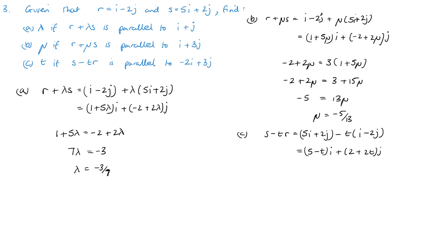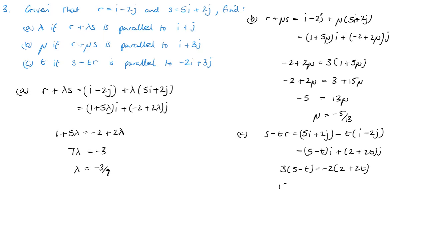So to make this equal, we want 3 times the i component and minus 2 times the j component. So you're basically applying these to the opposite components, which will therefore make an equation.